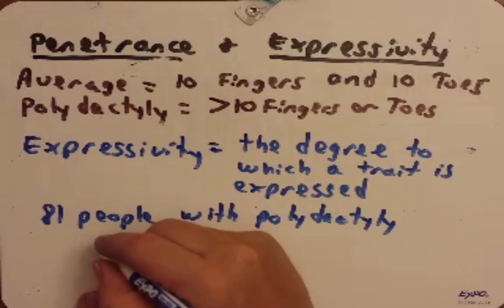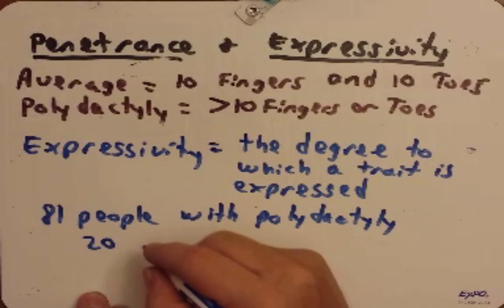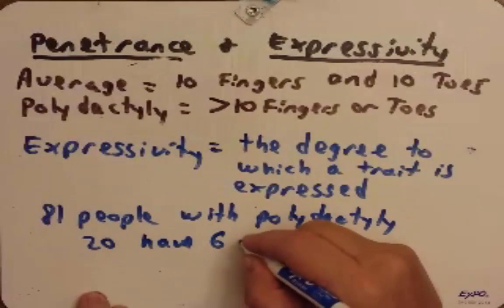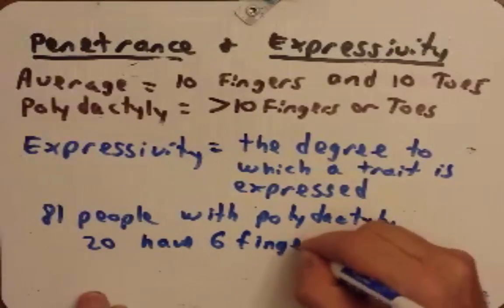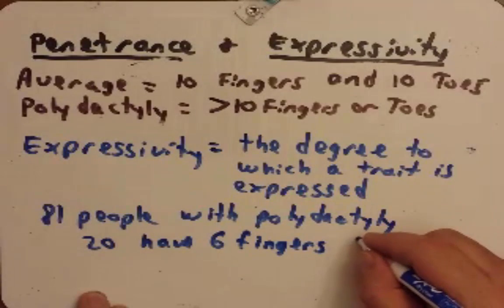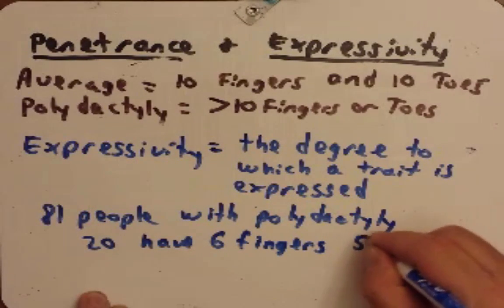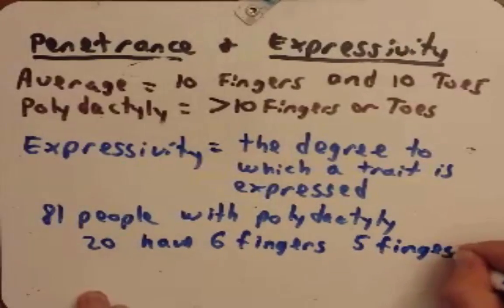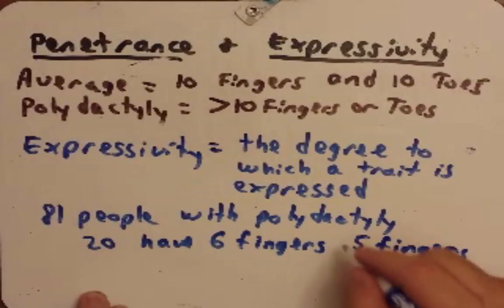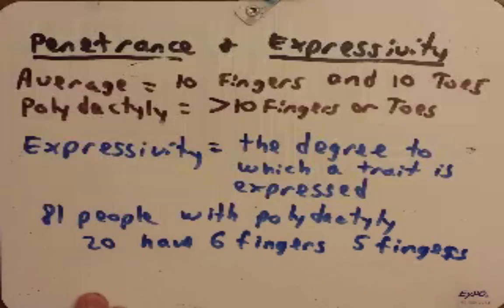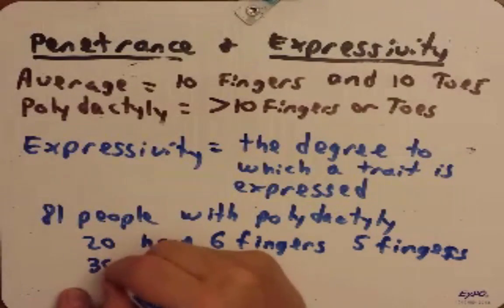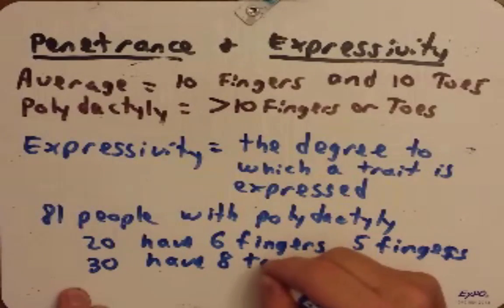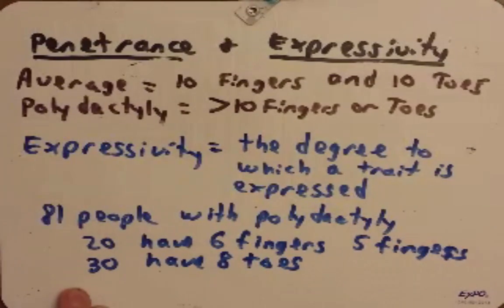Let's say that 20 of them have 6 fingers on one hand and 5 fingers on the other hand, and other toes are fine. And let's say 30 of them have 8 toes on one foot, and that's the only thing different.